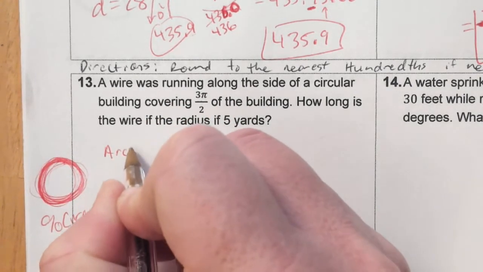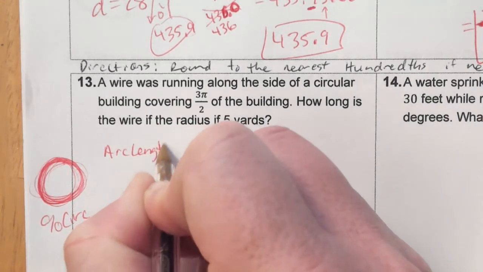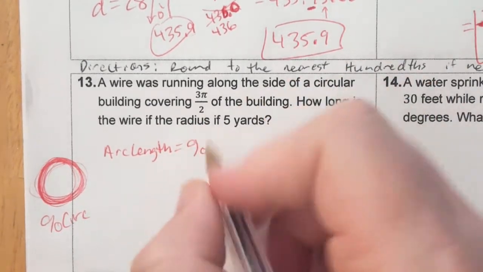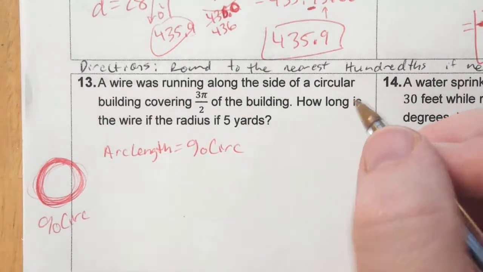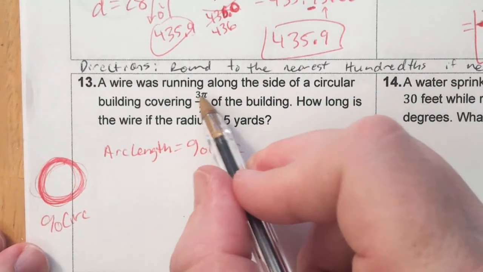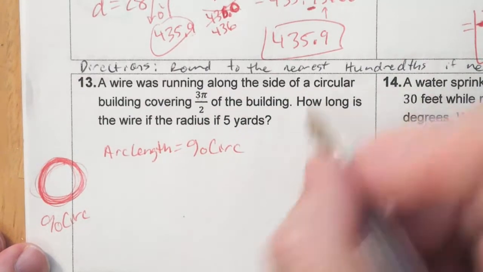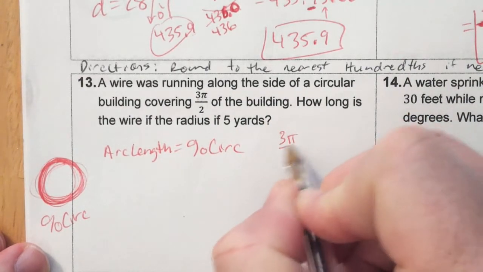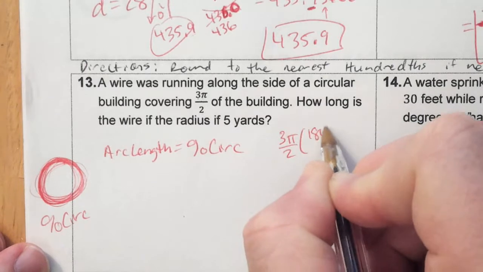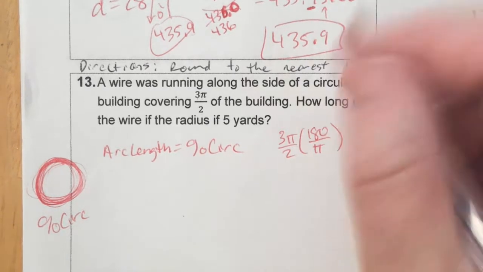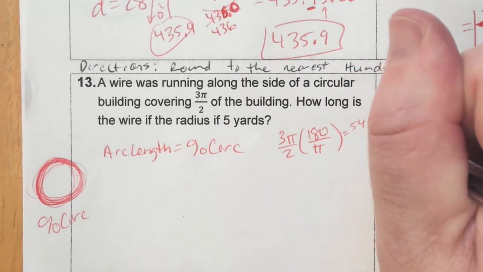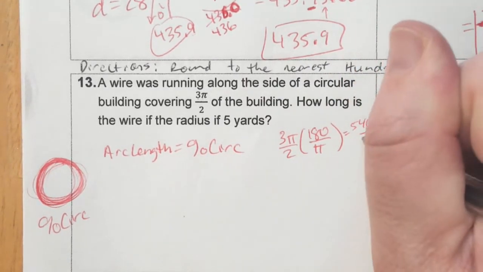So arc length equals percentage of the circumference, right? Well, we have 3 pi over 2, so we have to fix that first. So 3 pi over 2, we want 180 degrees. We want to get rid of pi, radians. So 3 times 180, we get 540 pi over 2 pi.